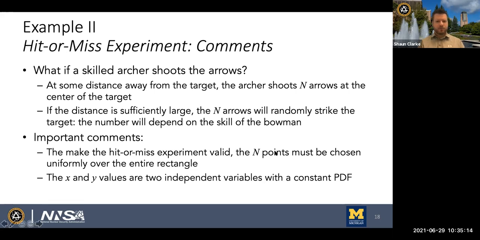The last one here that's important is X and Y need to be independent variables. If you're just throwing an arrow at random at this board, there's no reason that the Y coordinate would be dependent on the X coordinate, unless again you were trying to aim in a certain area. So X and Y need to be completely independent.